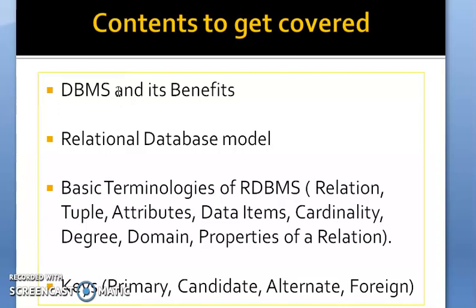RDBMS is nothing but relational database management system, and in that we'll be studying relation, tuples, attributes, data items, cardinality, degree, domain, and properties of a relation. And the third topic we are going to cover is the keys. Inside the keys, we are going to learn the primary keys, candidate keys, alternate keys, and foreign keys.